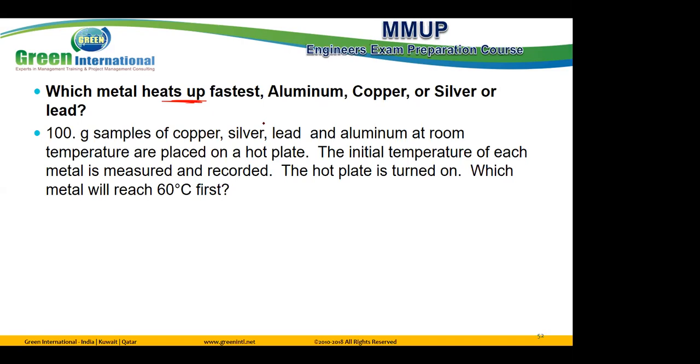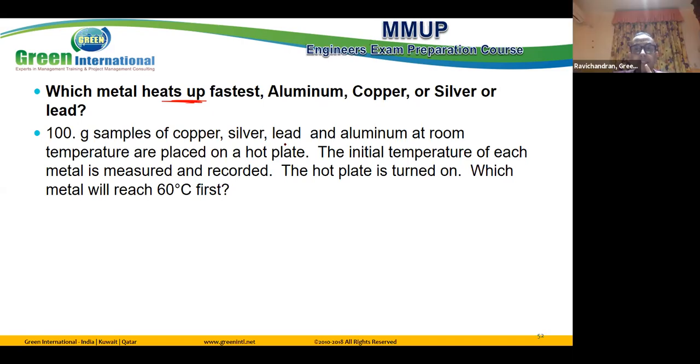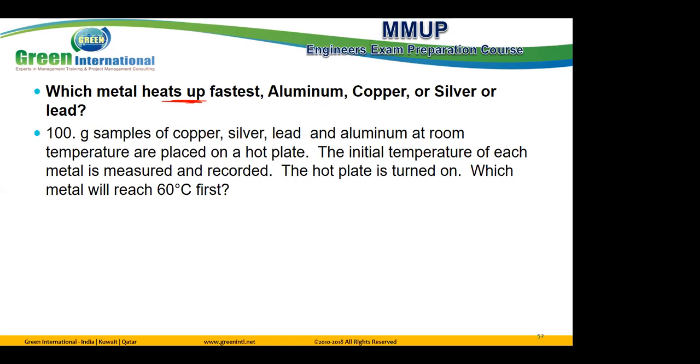Specific heat, not thermal conductivity here. According to the value of specific heat, you need the heat up fastest. So is low or high specific heat required? Low. For the fastest, low specific heat.